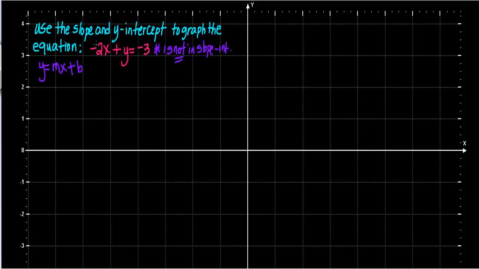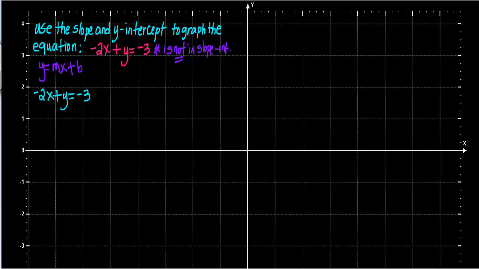So we need to rearrange this equation and have it look like slope-intercept form. And once we do that, then we will be able to draw this graph. So let's take this equation, negative 2x plus y equal negative 3, which is not in slope-intercept form, and we're going to make it in slope-intercept form.